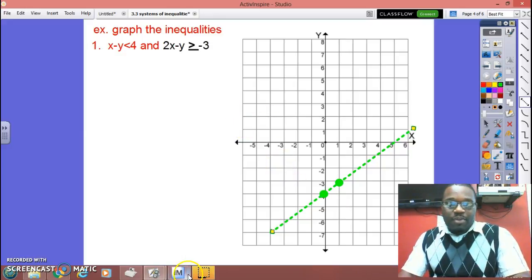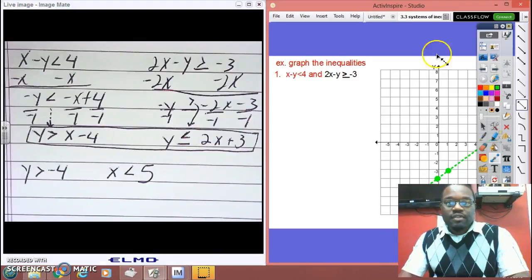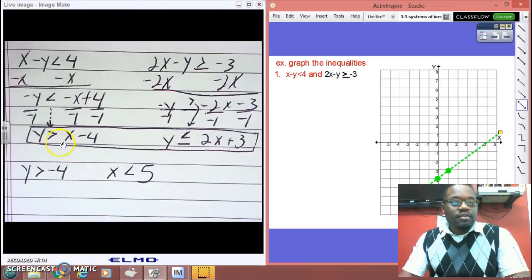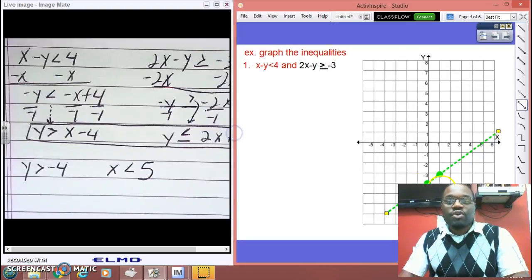Now, if we go back, this equation here is y is greater than. I'm graphing y is greater than. And so the idea is, how do I show y is greater than over here?